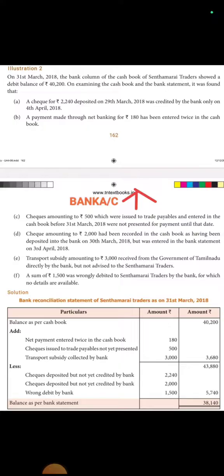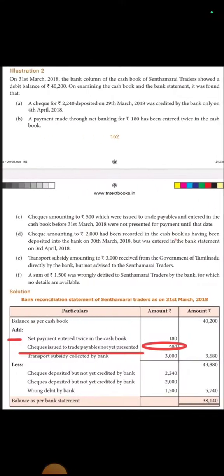So what we have to do, if bank statement increases, our cash book will also be increased, right? So for that, we also have to add this transaction in our cash book because that check was not presented for the payment until date.